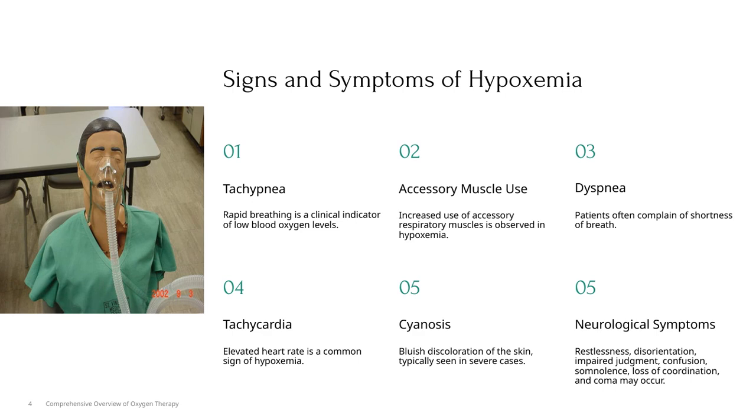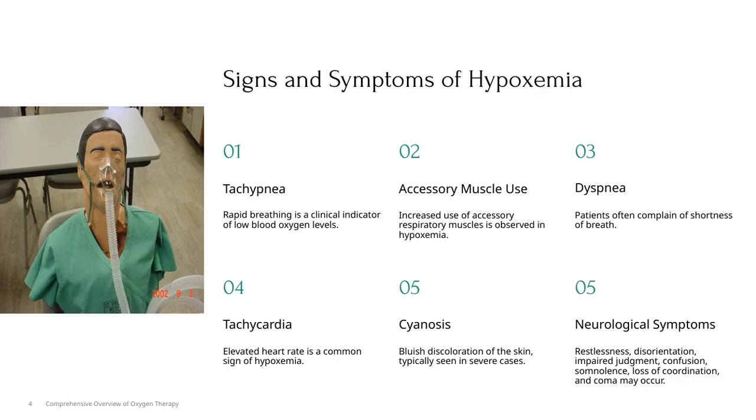Restlessness, disorientation, impaired judgment, and confusion are some of the early neurological symptoms we might see. As hypoxemia worsens, patients can become very somnolent, lose coordination, or even slip into a coma. These signs are critical because they tell us the brain isn't getting enough oxygen, and prompt action is essential.